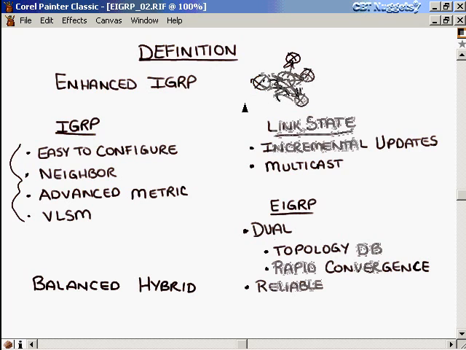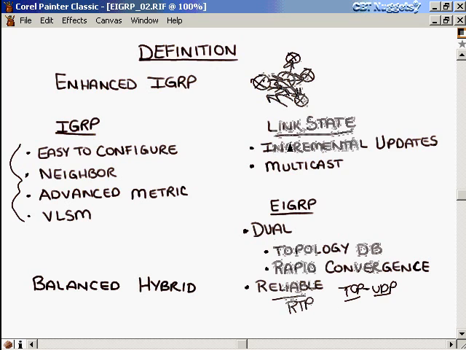Keep in mind, though, don't get confused. When we talk about reliable transport here, we're not talking about what you normally hear at the transport layer, TCP versus UDP, connectionless versus connection-oriented. What we're saying here is it's RTP, the Reliable Transport Protocol, that is going to have an acknowledgement packet sent back to that router saying, I received this.